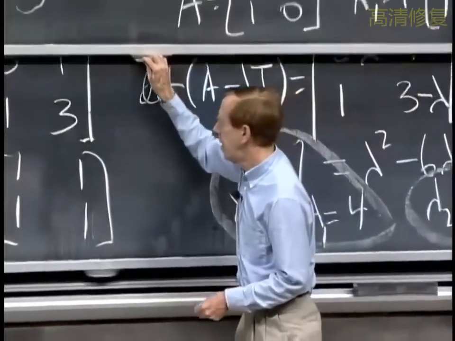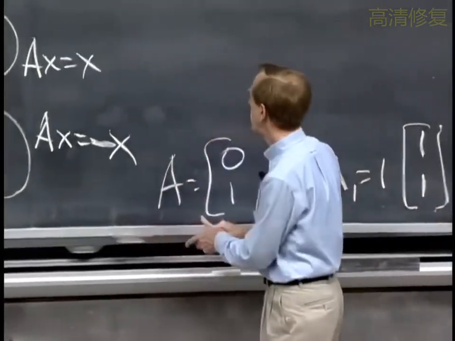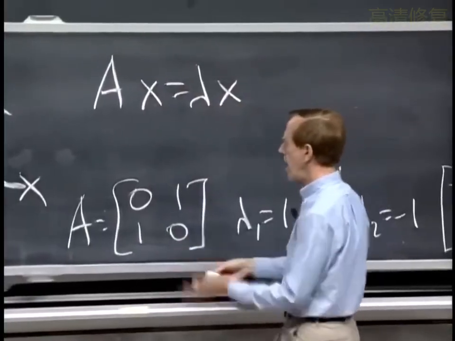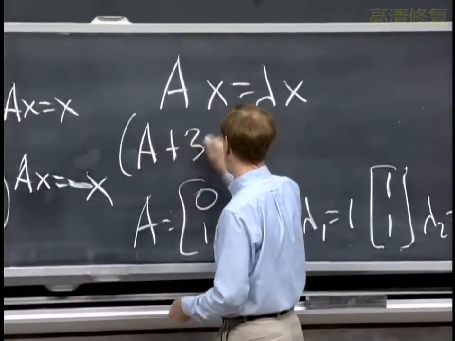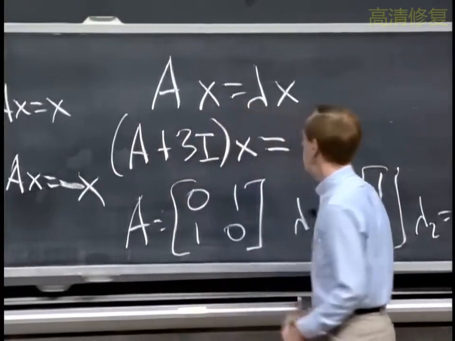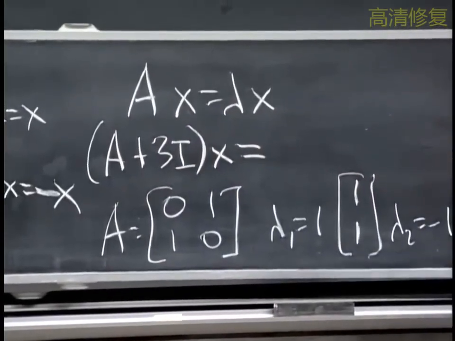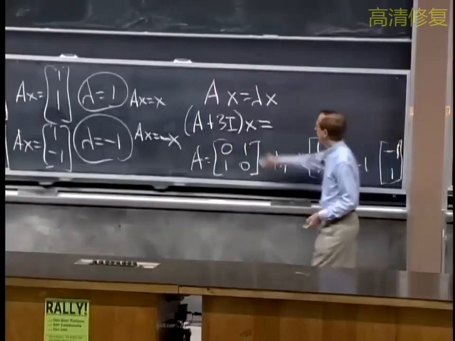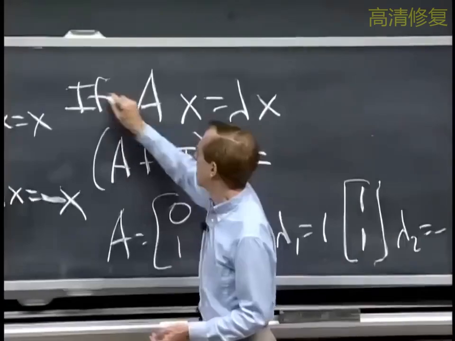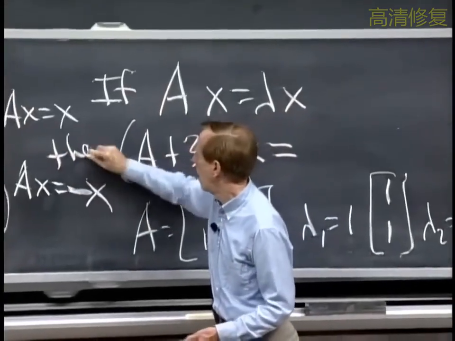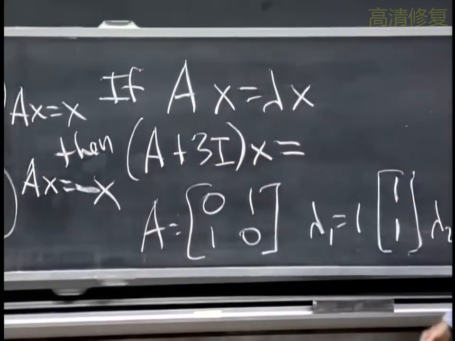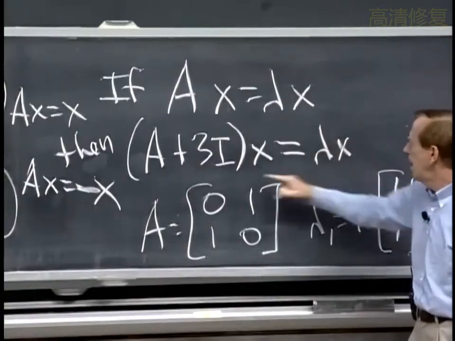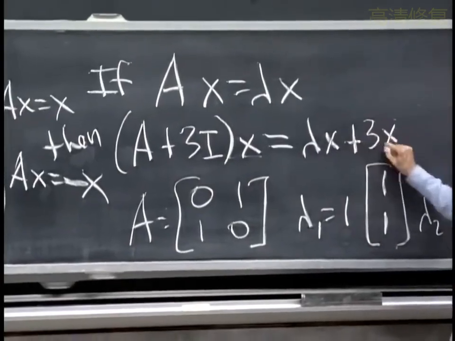Let me keep all this on the same board. Suppose I have a matrix A, and Ax equals lambda x. Now I add 3I to that matrix. Do you see what the eigenvalues and eigenvectors are? If Ax equals lambda x, then for this new matrix, I have Ax, which is lambda x, and I have a 3x from the 3I.